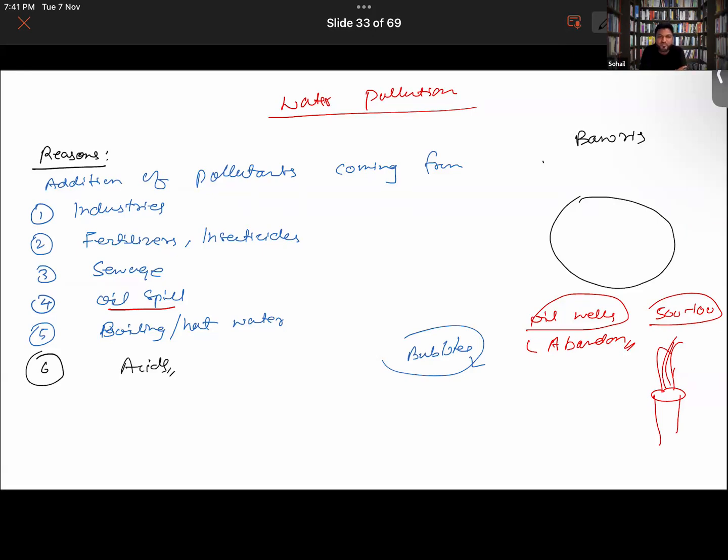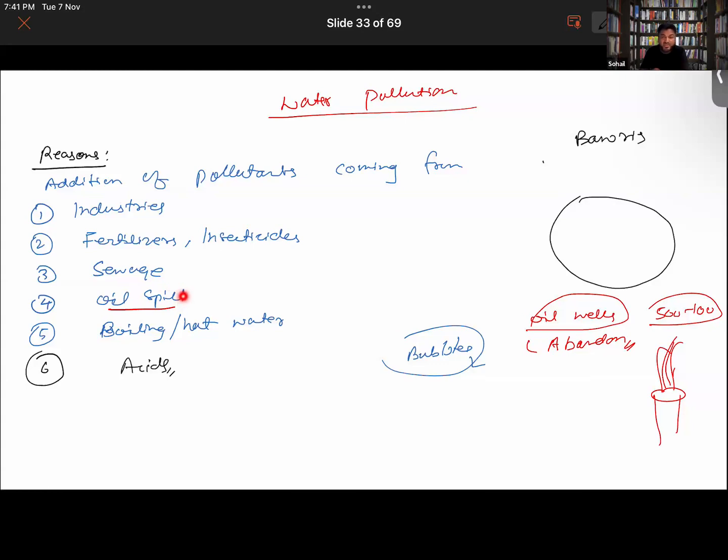So the addition of pollutants in the water could be from different sources. It might be coming from the industries, from the fertilizers or insecticides that are used on the farmland, from sewage.